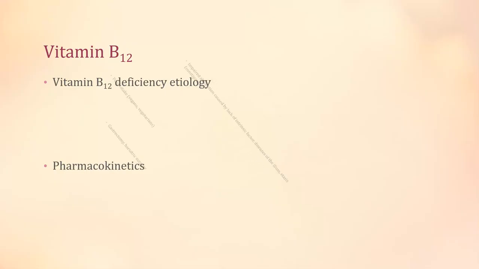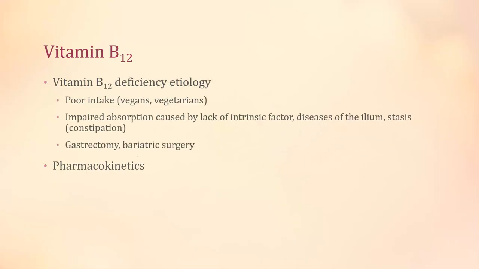Vitamin B12 deficiency usually happens from poor intake, like if patients are vegans or vegetarians. Impaired absorption caused by lack of the intrinsic factor, diseases of the ileum, gastrectomies, and bariatric surgeries. Vitamin B12 is available IM, sub-Q, or intranasal. They're all well absorbed.